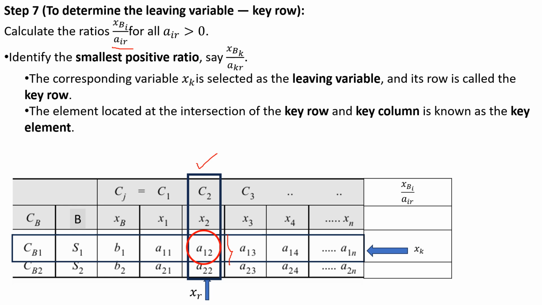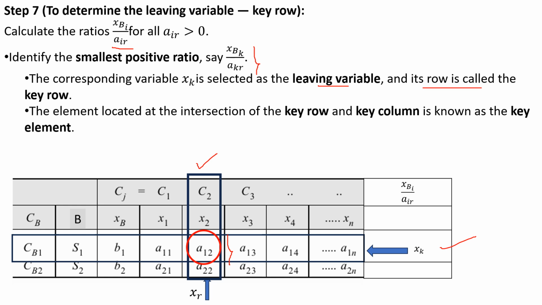After calculating XBi divided by Air, we have to identify the smallest value. Let us consider this smallest value is XBk divided by Akr. Then the corresponding variable of this smallest ratio is the leaving variable and its row is called the key row.